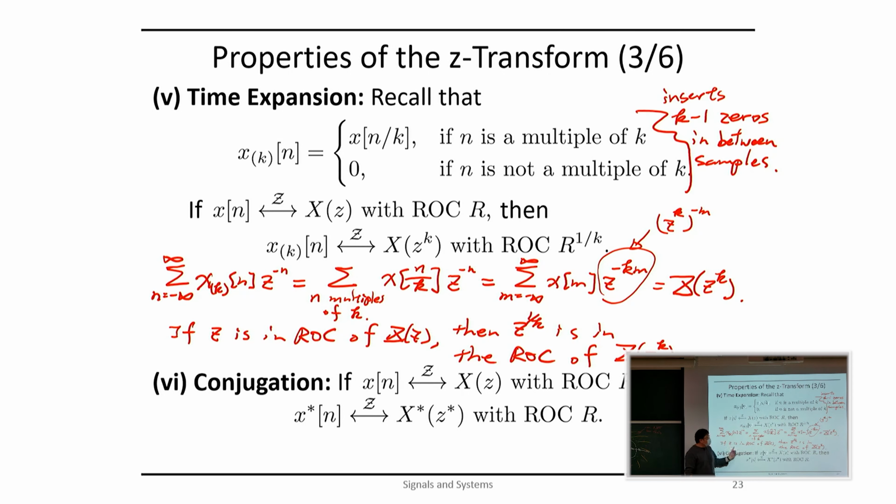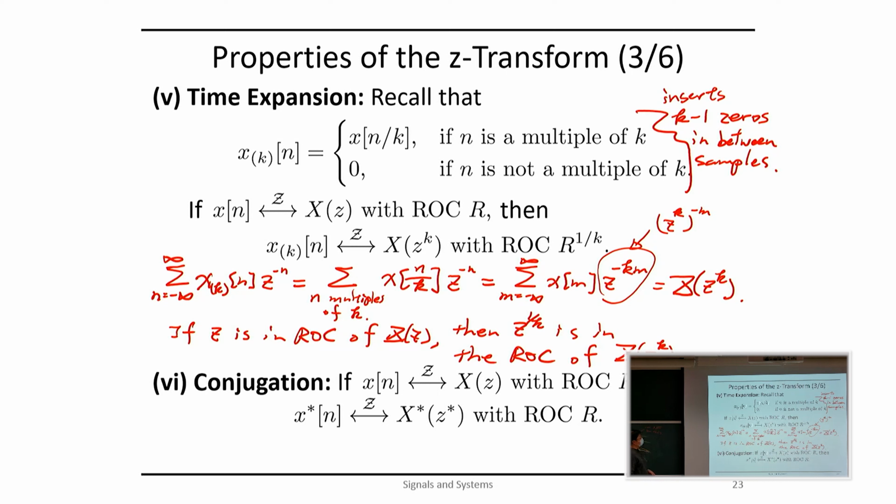So if z is in the ROC of X(z), meaning that if you plug in z into X(z) gives you a finite value, it converges. Then if you plug in z to the power 1 over k inside here, you also get X(z), which is known to be a finite value. So this is why the ROC of this transform includes all the values in the original ROC, but to the power 1 over k.